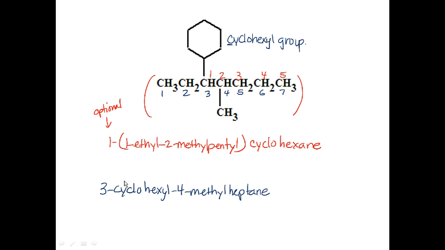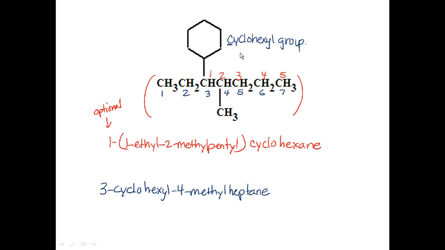Okay, so sometimes we'll name the cycloalkane ring as a substituent, but we now know how to name the complex substituent, so we could do it either way.